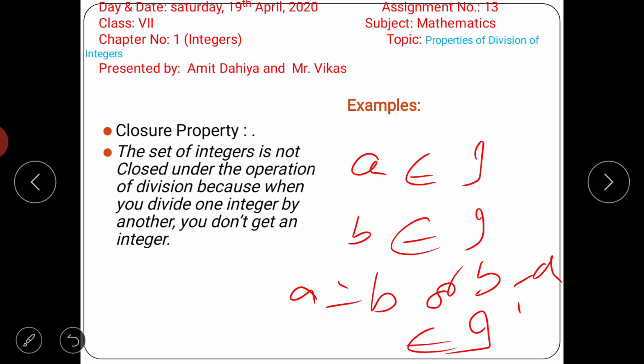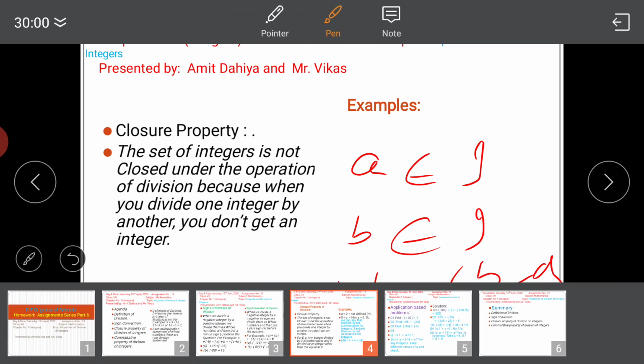If it doesn't belong to I or Z, the integers, then it doesn't hold the closure property. So let's understand it.